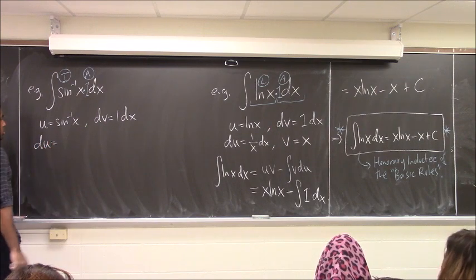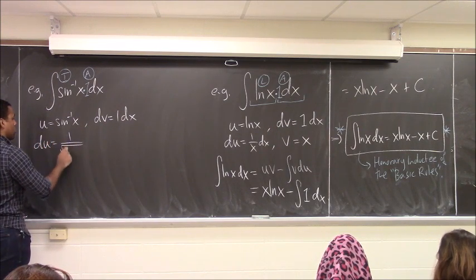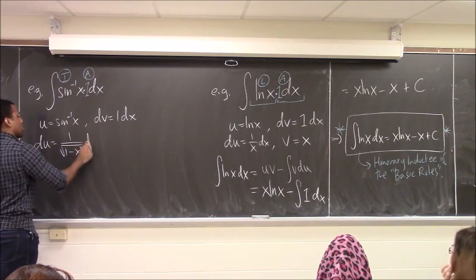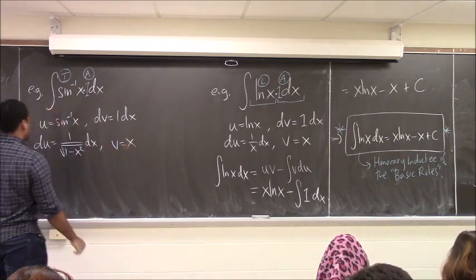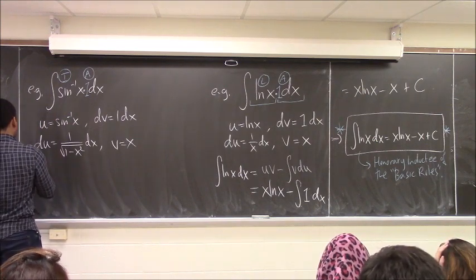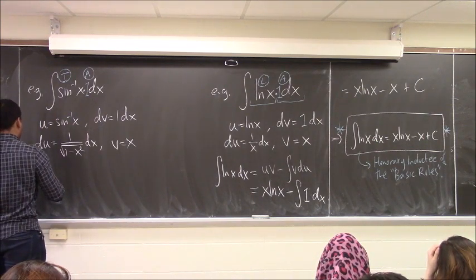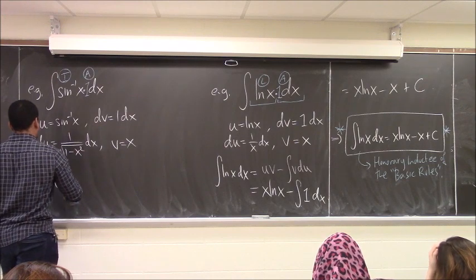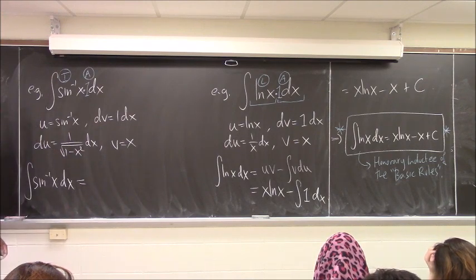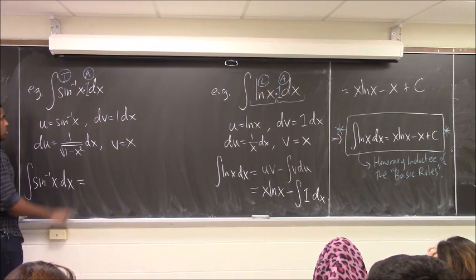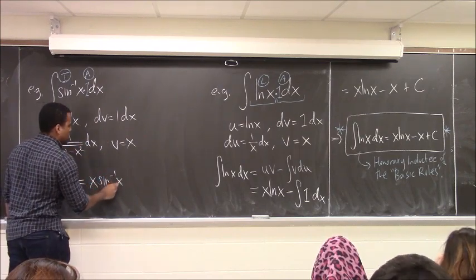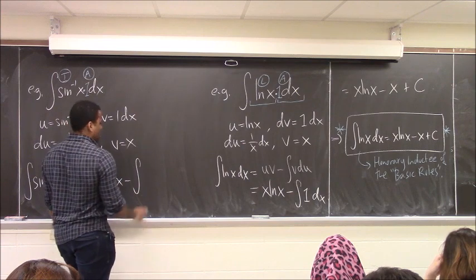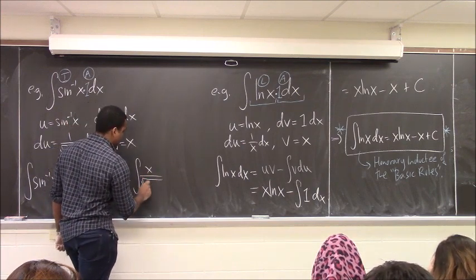The derivative of sine inverse is 1 over the radical of 1 minus x squared, and v would just be x. So, applying our formula, u times v minus the integral of v du.